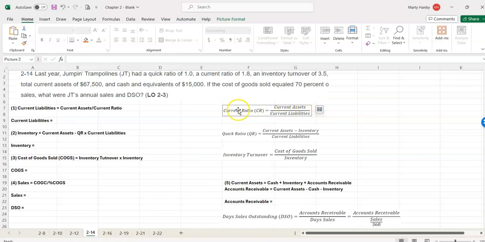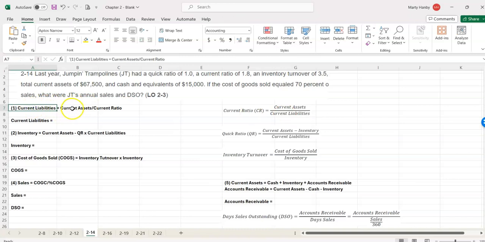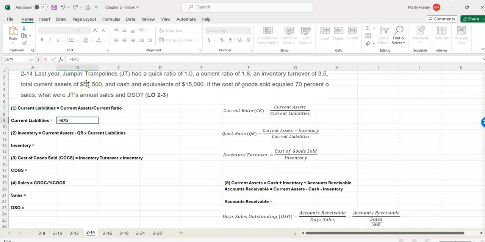Then you divide both sides by the current ratio, and you end up with current liabilities equal to current assets divided by the current ratio. So our current assets are 67.5, so equals 67,500 divided by our current ratio of 1.8. So our current liabilities are 37.5.